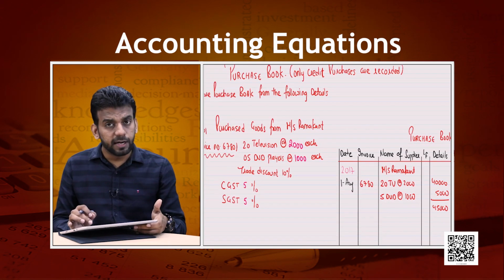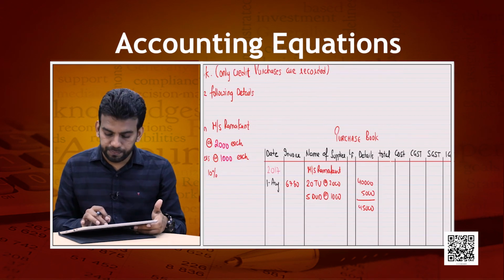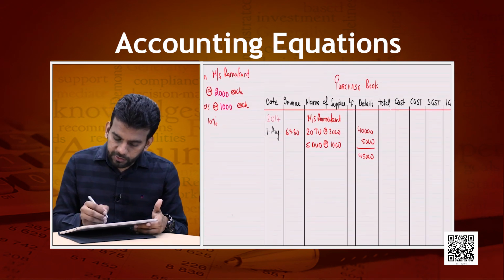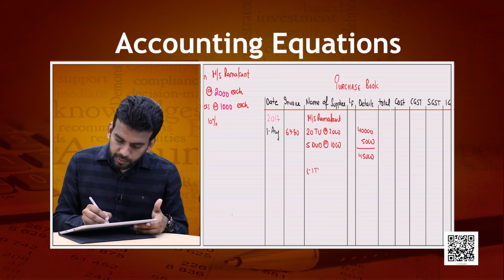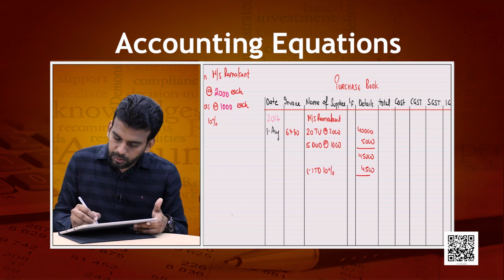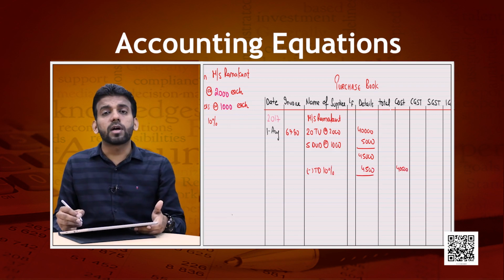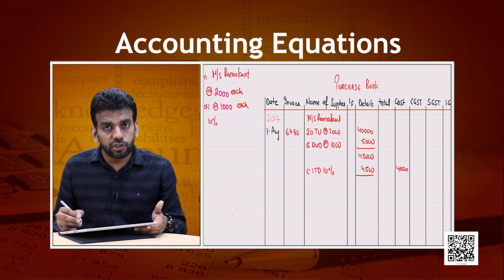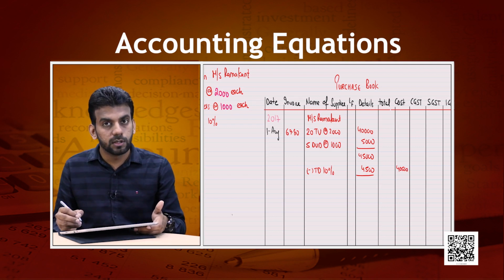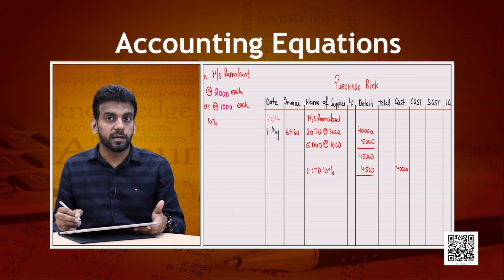Now we have 10% trade discount. Trade discount is to be subtracted like this, and the amount after trade discount is to be mentioned in the column of cost, because cost means without tax thing.